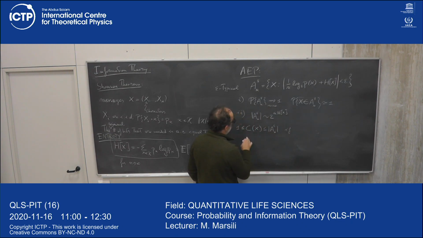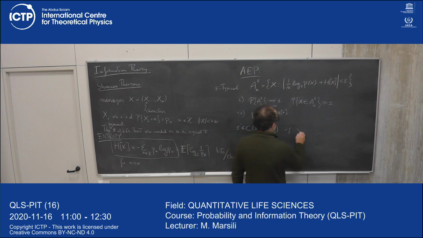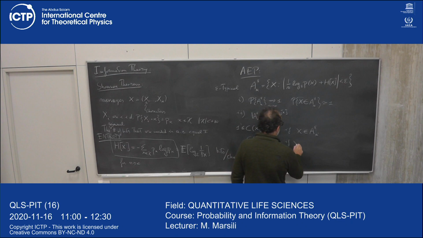So Alice and Bob can attach an integer number C of x to each of the messages, a different integer number to each message, and this number can be between 1 and A_n of epsilon if x is in the epsilon typical set, whereas C of x will be larger than the number of messages in the epsilon typical set if x does not belong to the epsilon typical set.